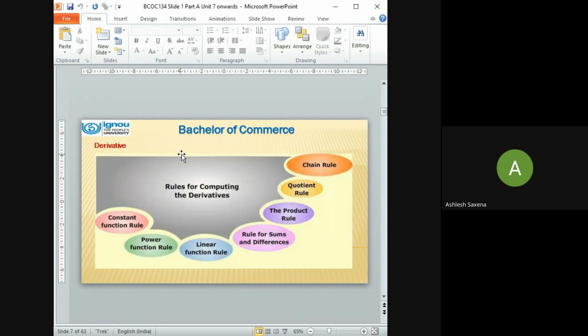Now, what are the different rules for computing derivatives? See how much has to be learned. We can start from anywhere, but it will be better if we start from this part and go this way, that is in the clockwise direction.